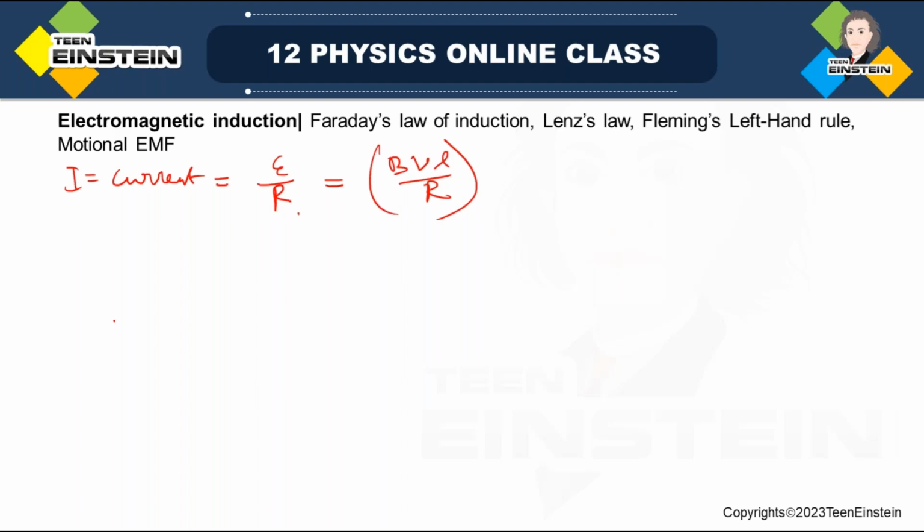Okay, so this is the current. Now what will be the magnetic force due to the induced magnetic field? What will be the force on the conductor PQ? That will be I L cross B. So this will give you the force acting on the conductor.